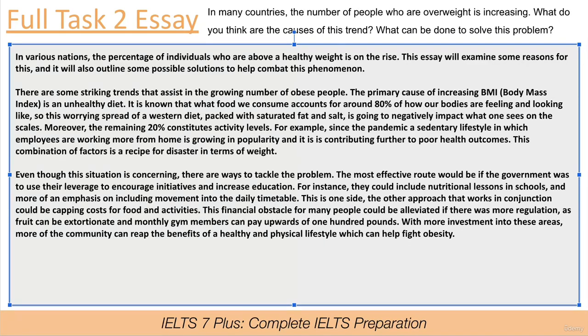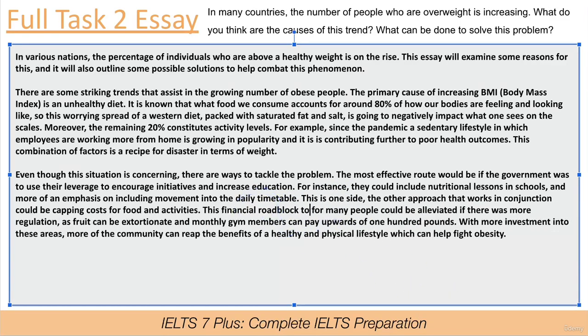This financial roadblock to health for many people could be alleviated if there was more regulation, as fruit can be extortionate and monthly gym members can pay upwards of £100.